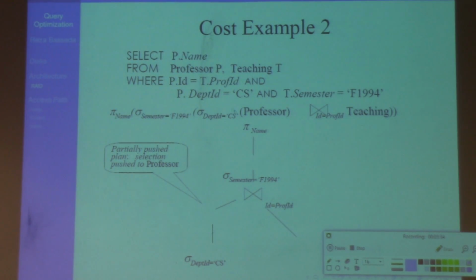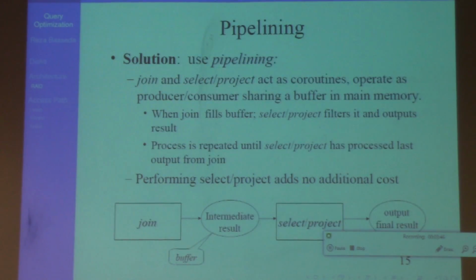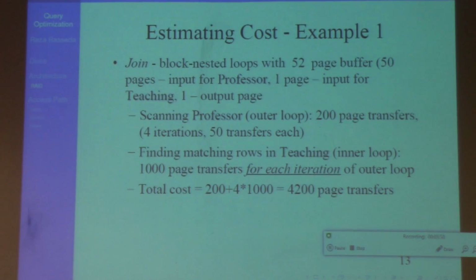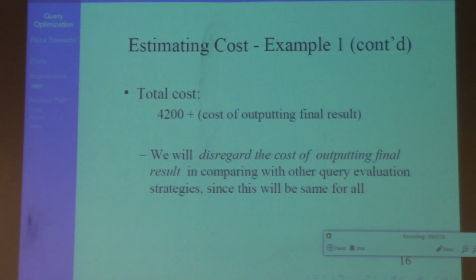Okay, so let's see what's the cost of this execution. As I told, we have just 50 departments, right? How many departments do we have? We have 50 departments, and it's a 2 level B+ tree.